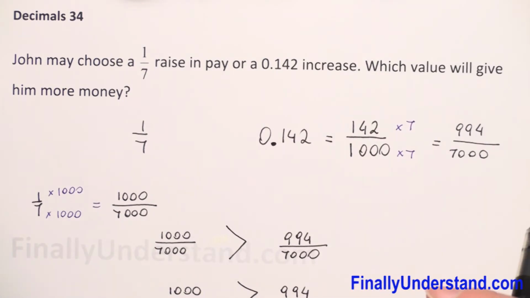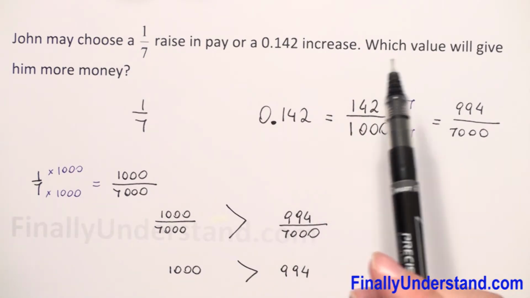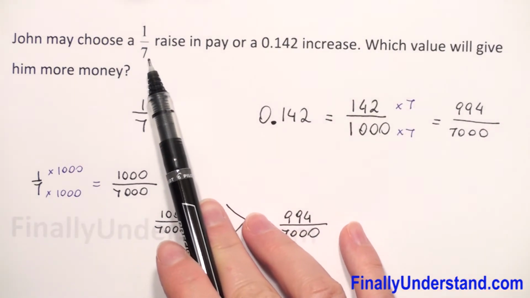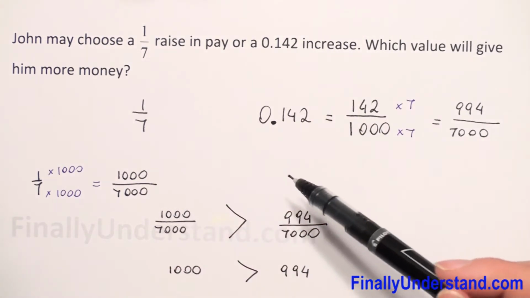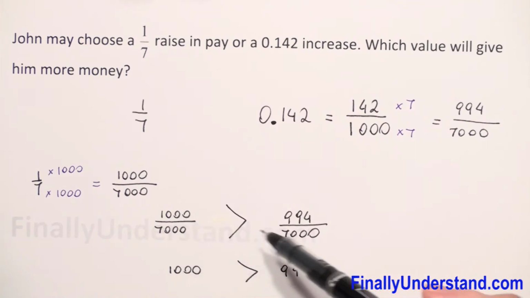We see that when John chose the raise 1 over 7, he will get more money because this fraction is greater than that. So we can write that John will get more money when he chooses the 1 over 7 raise.